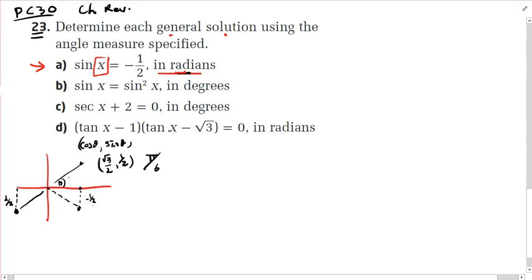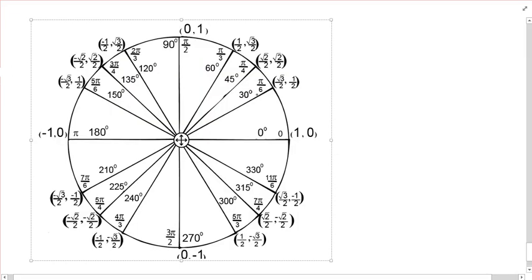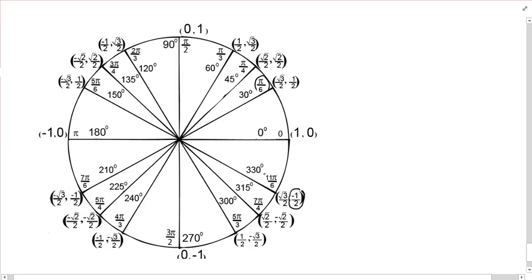You just want to check your unit circle to make sure, so here's a unit circle, +1/2 is pi/6. While we're here, let's take a look at the -1/2. Here's the -1/2, and so I know that this angle is going to be 11 pi/6. Here's the other -1/2, so that's 7 pi/6. So that's in the positive direction, this way and this way.